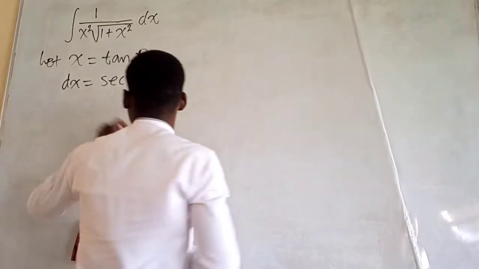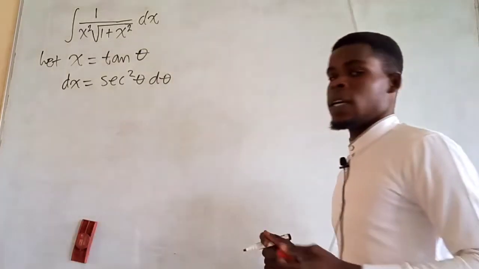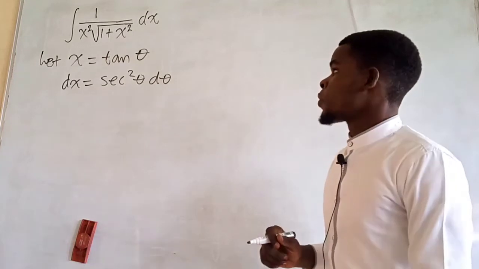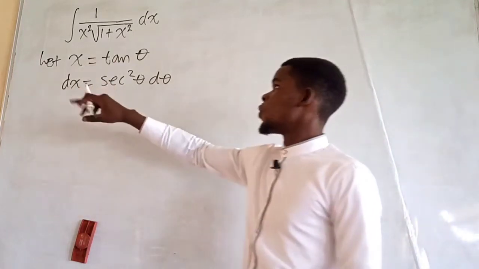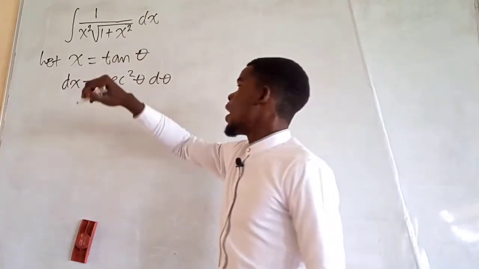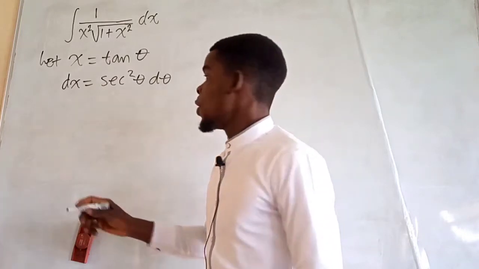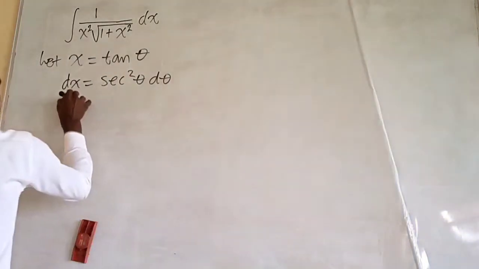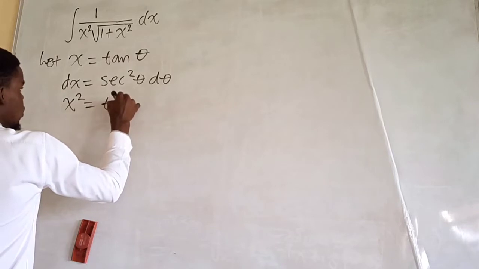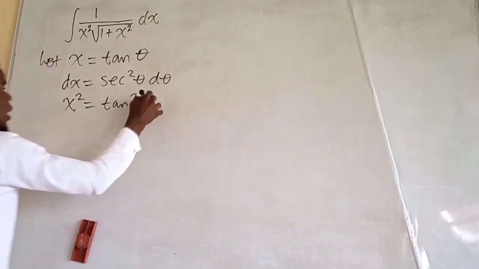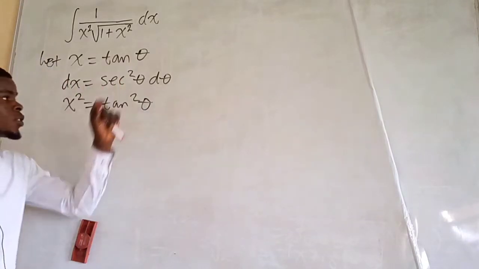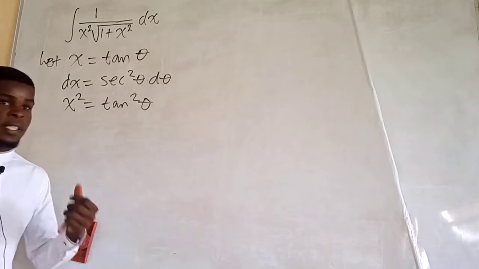By differentiating that, I'm going to get secant squared theta d theta. So in place of x, we're going to have tangent theta, in place of x squared we're going to put tangent squared theta, and in place of dx, we're just going to write secant squared theta d theta.